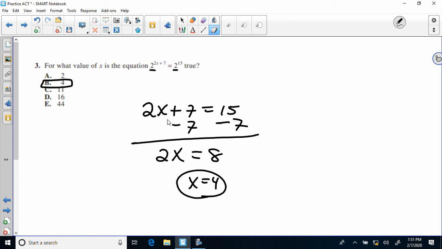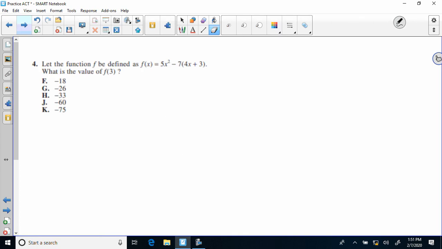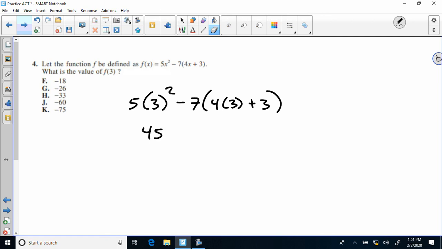Number 4 said, let the function f be defined as f of x equals 5x squared minus and so on. What is the value of f of 3? That just means you plug 3 in for all of your x's. And they're really testing, do you know, please excuse my dear Aunt Sally, or PEMDAS, do you know how to do it in the right order? And so you would have had 3 squared, which is 9, times 5 is 45, minus 7 times, and then do what's in this parenthesis.